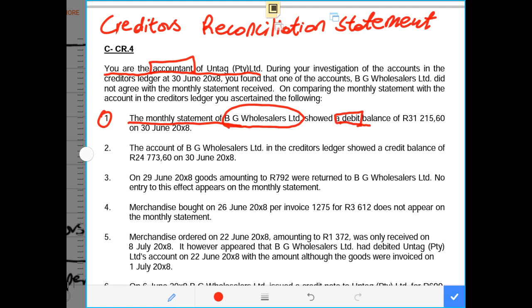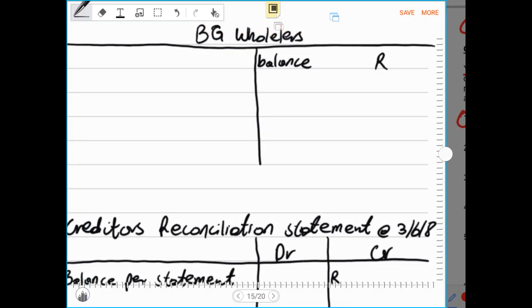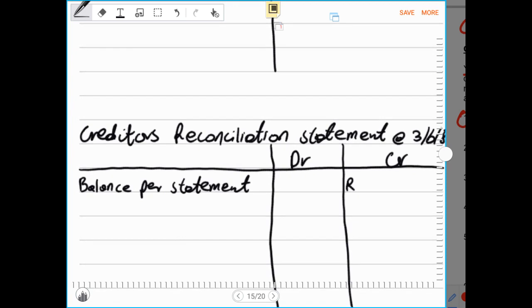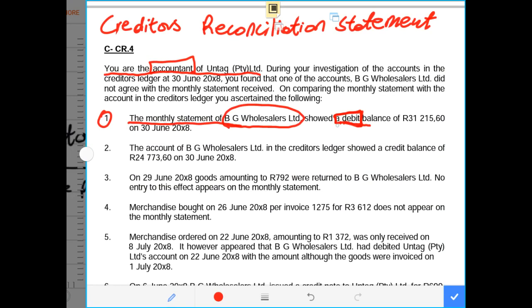They record this on their side as a debit balance of 31,215.60. This is according to the statement. Remember, though it's a debit balance, we are recording it from the perspective of the fact that BG Wholesaler is a creditor to us. A creditor will have a credit balance. A debit balance according to the creditor statement is a credit balance according to us, 31,215.60.